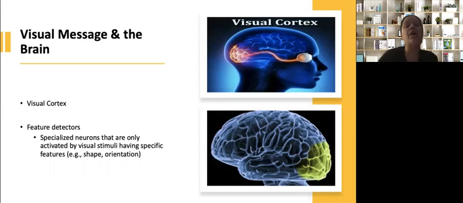But then there are different feature detectors in the visual cortex that are only activated by moving stimuli rather than stationary stimuli, right? And there are other feature detectors that are only activated by stationary stimuli instead of moving stimuli, and so on and so forth. So these feature detectors are specialized neurons that are only activated when a specific feature of an object is brought to the brain.